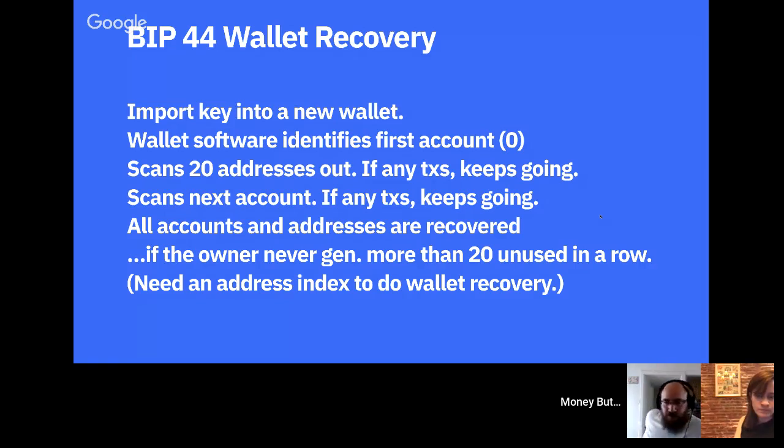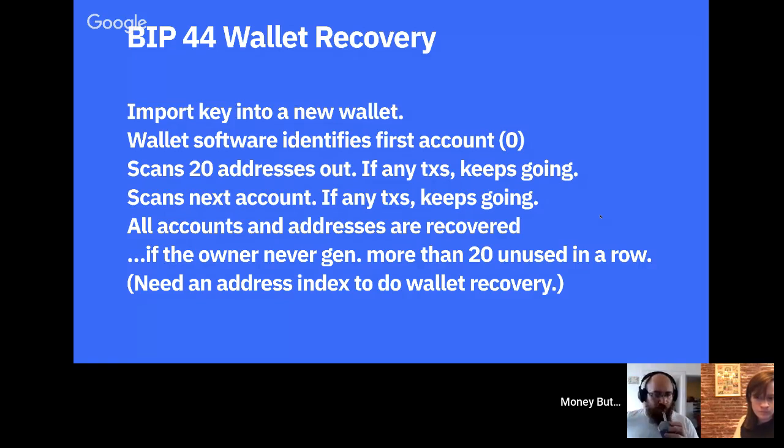And what that means is it's a really bad idea to generate more than 20 unused addresses in a row. Because if you were to import that key into a different wallet software, it might not find all of the money. Your money is still there, but it might not see it, and it would be really irritating to deal with. So this is a limitation of the way all these BIPs fit together: you can't just derive an arbitrary number of unused addresses.